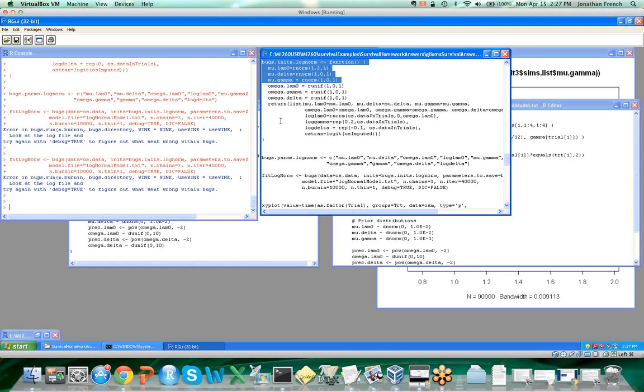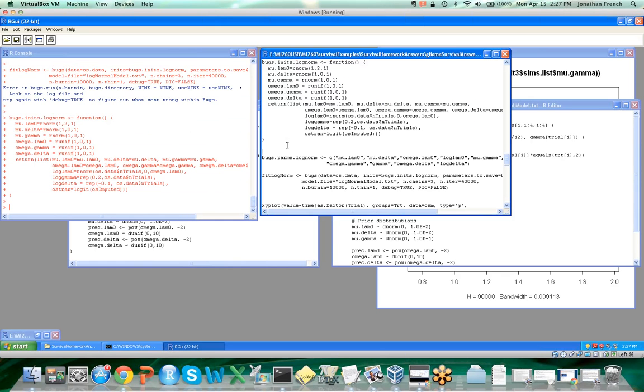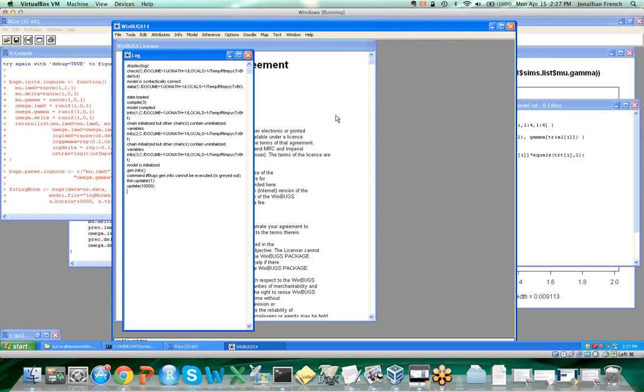We'll start the deltas off assuming there's a little bit of an effect, and we'll start the gammas off assuming there's a little bit of shape different from, a little bit more curvature than you would expect if that standard deviation was 1.